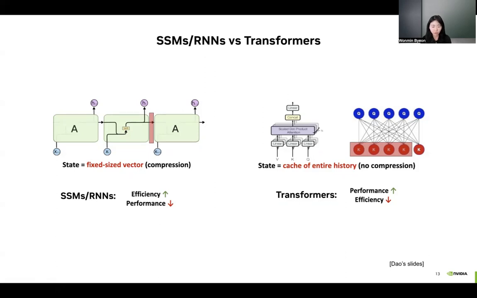On the other hand, the transformers have a cache of the entire history. There's no compression. So we see that the SSMs or the RNNs are more efficient, but the transformer has better performance. So now the question is, can you actually improve the performance of these traditional SSMs?